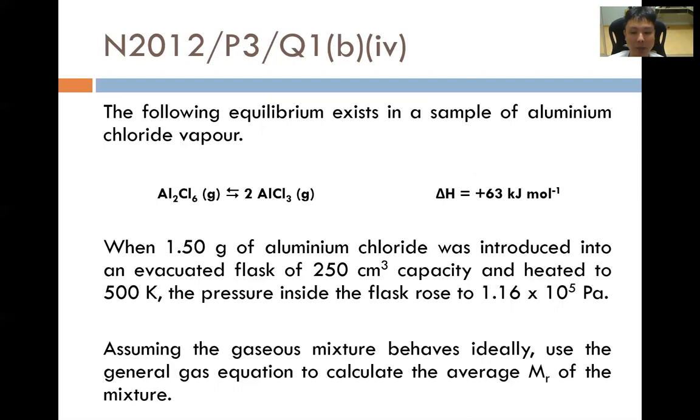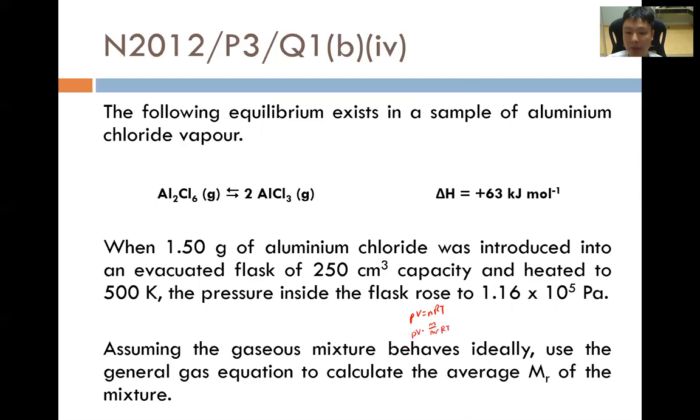Assuming the gaseous mixture behaves ideally, use the general gas equation to calculate the average MR of the mixture. So we go back to PV equals nRT and we want to calculate the MR. So we will express the n again by m over MR.